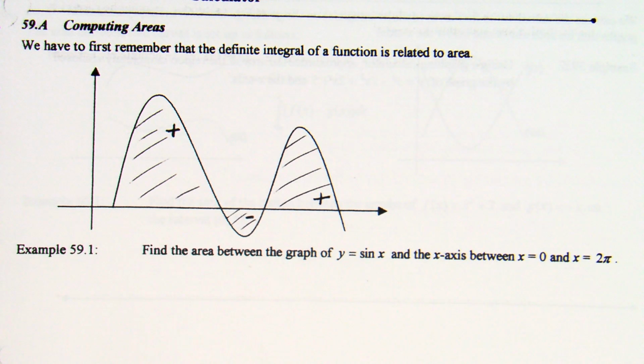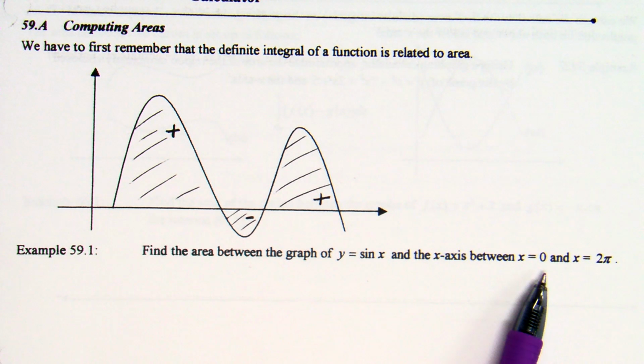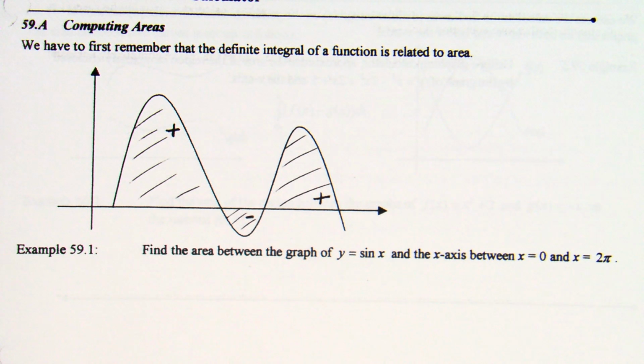Ideally, we should just be able to do the integral of sine x dx from 0 to 2 pi, the boundaries they're giving me. But this is where we need to look at the graph before we set that up, because is all of the sine x graph between 0 and 2 pi above the x-axis? And it's not.